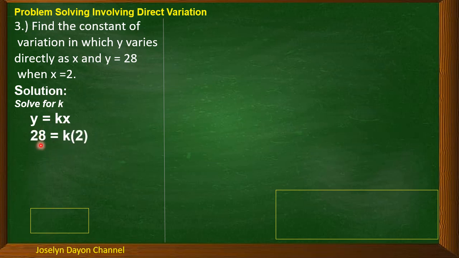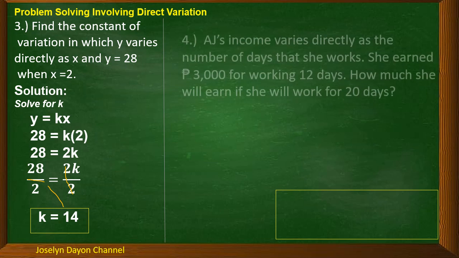Y is 28 when x is equal to 2. So to solve for k, we have to divide both sides of the equation by 2. So 2k divided by 2, that is equal to k, and 28 divided by 2, that is equal to 14. So the constant of variation is equal to 14.